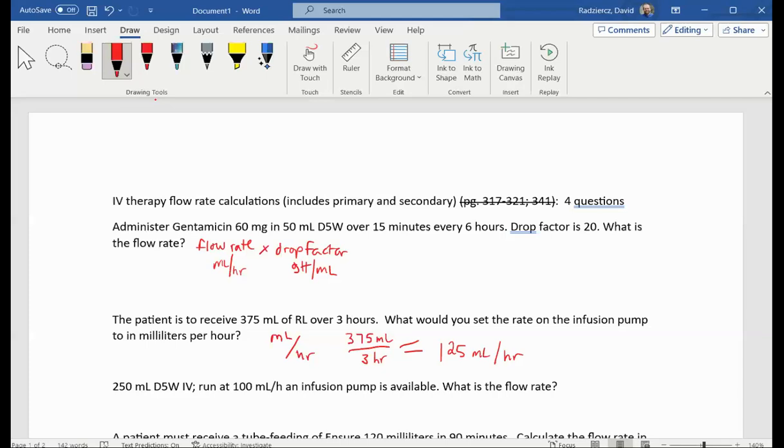All right. Now, when you put these two pieces of information together, what we're looking for is our drop rate, sometimes called drip rate, which is going to be listed as drops per minute. And you might be wondering why do they call it GTT for drops instead of DR?